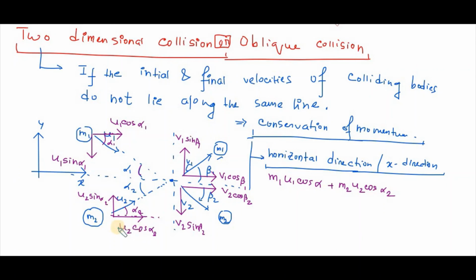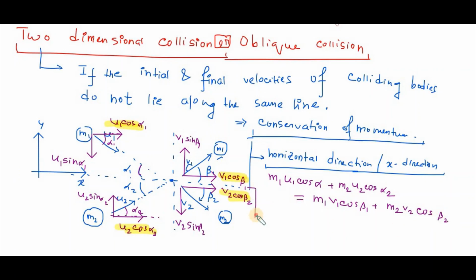So we apply the horizontal component times the mass of the concerned object. Similarly, after the collision, the horizontal components of velocities are v1 cos beta 1 and v2 cos beta 2. So the total momentum after the collision is the mass of the first object times v1 cos beta 1 plus the mass of the second object times v2 cos beta 2.